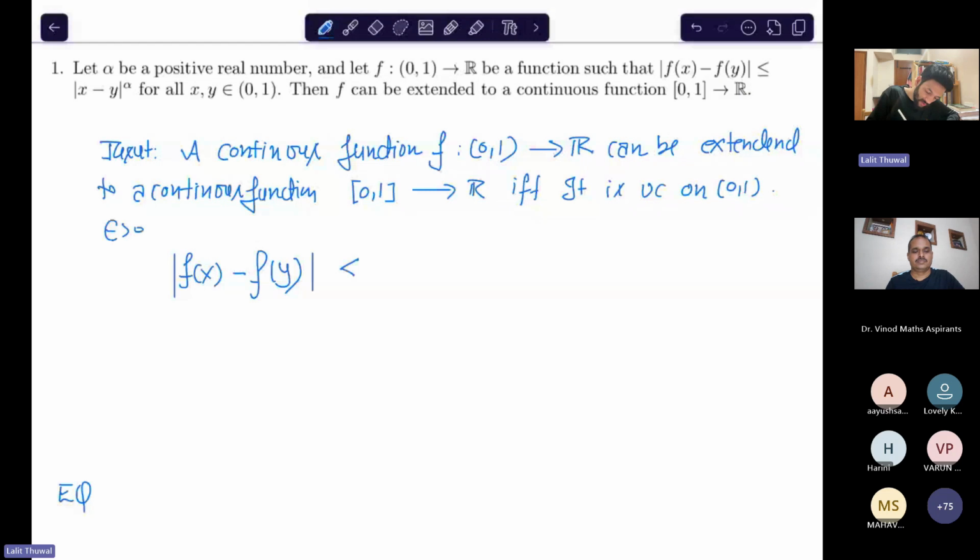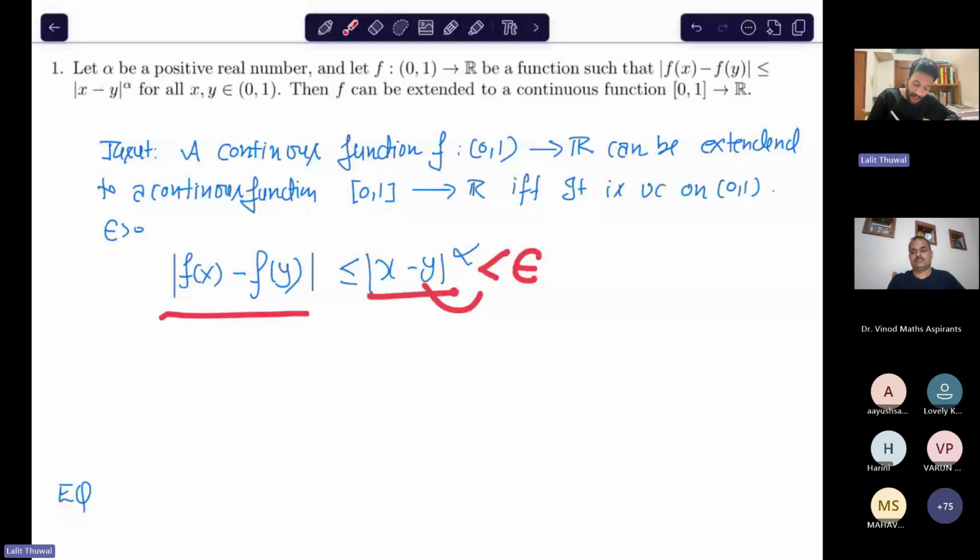We have |x minus y| to the power alpha. You want to make it less than epsilon. If you make it less than epsilon, then this will become less than epsilon. When is this quantity less than epsilon?